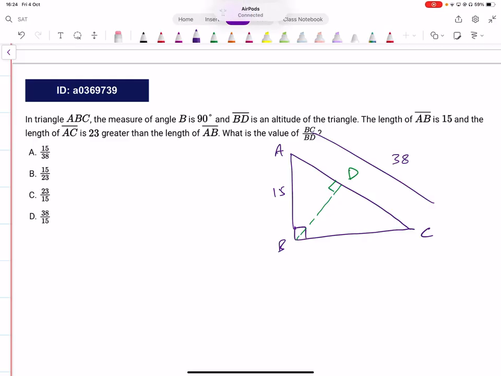BC over BD. What's BC first of all? You can use Pythagoras. BC is equal to square root of 38 square minus 15 square. What's this?